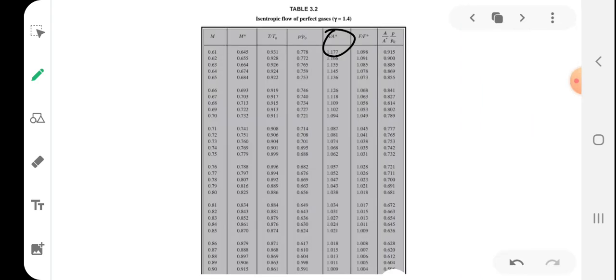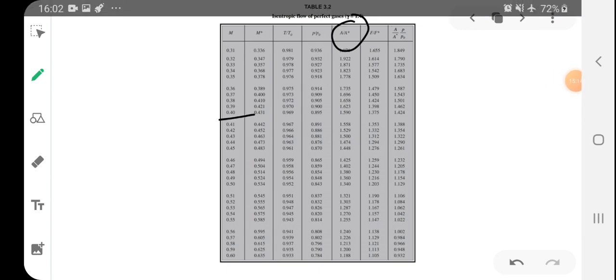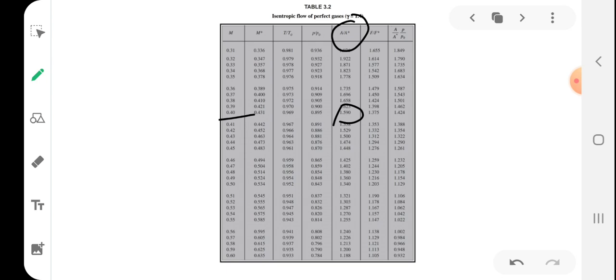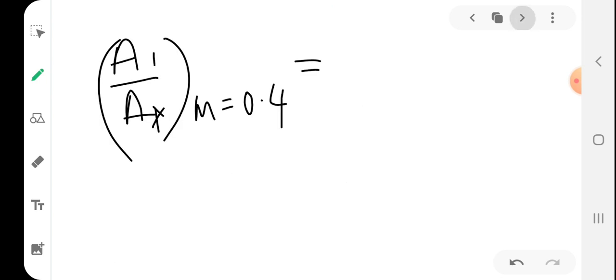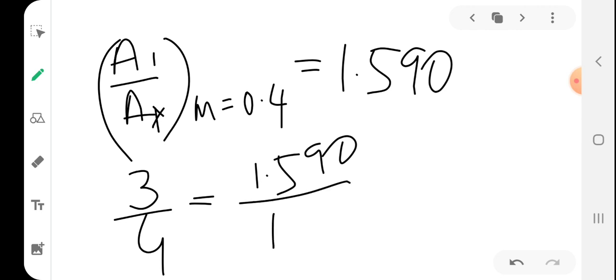A by A star at Mach equal to 0.4, you have to get the next page. Students, look here. At Mach equal to 0.4, A by A star is found, and that value is around 1.590.